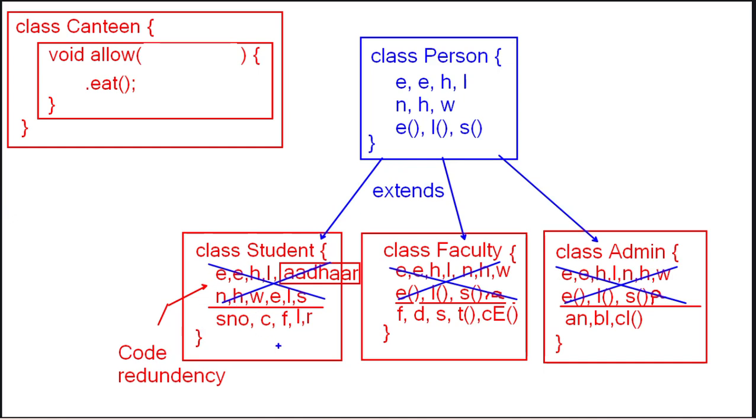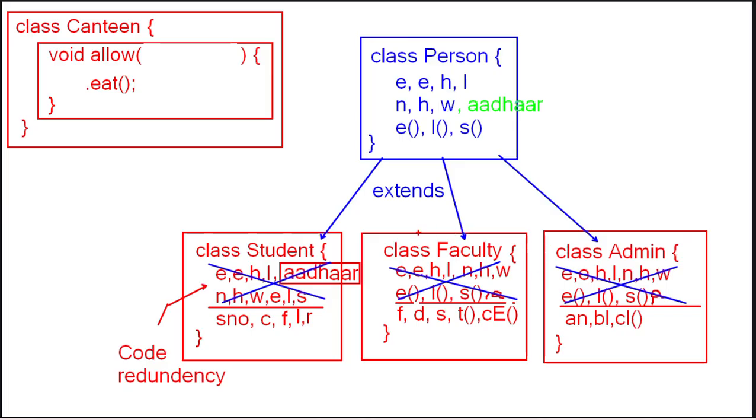Understand? Tell me, in future, now Aadhaar is required to be added. Where will I add Aadhaar? In the person class. In the person class, I added Aadhaar. Then automatically this Aadhaar also affects all three types of objects. Clear my point?